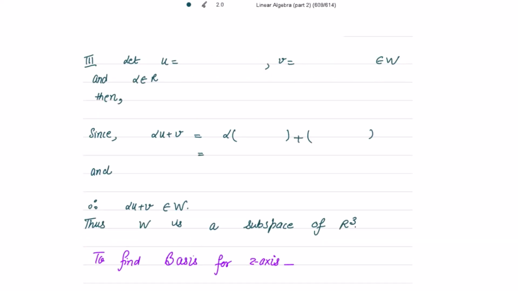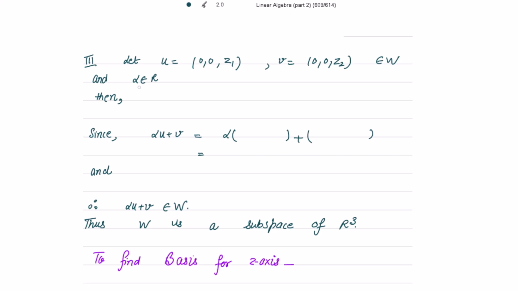Let me take 2 elements from W, and let u and v be the 2 elements from W. I'm taking u to be (0, 0, z1), sorry, I have to write z1, and then v to be taken as (0, 0, z2), right?